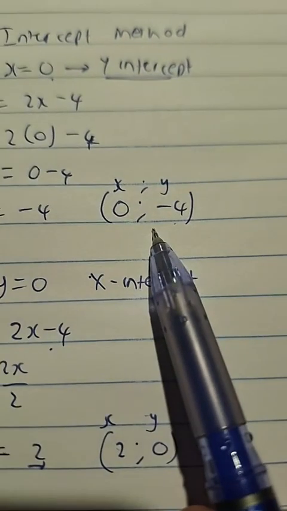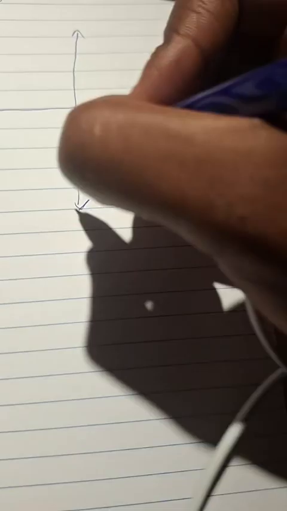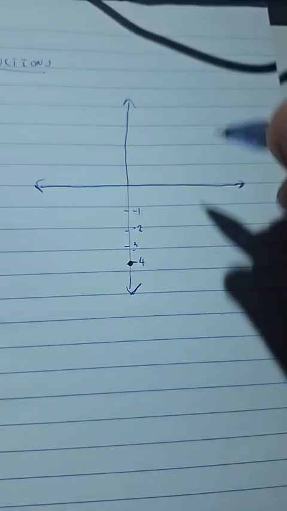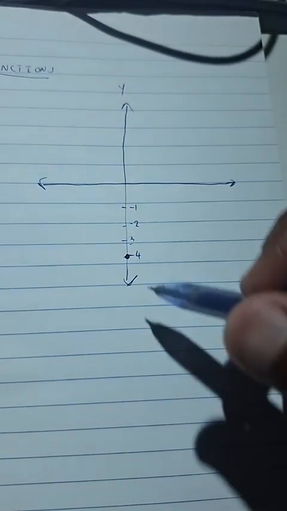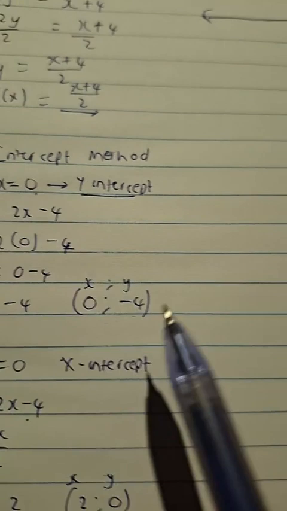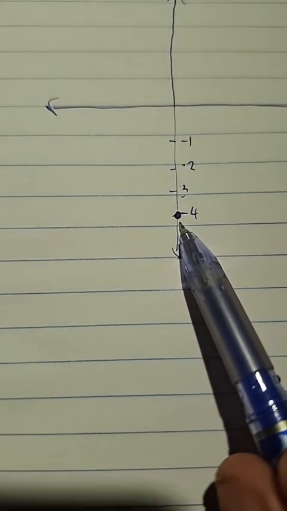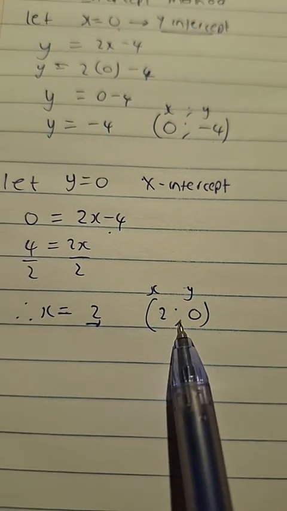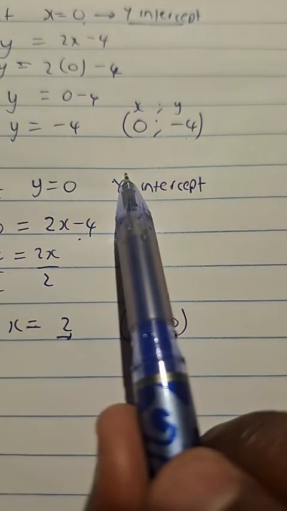At the same time, x is 0 is on the y-axis, because like I said, this is the y-intercept where the graph cuts the y-axis. Remember, this is the y-axis on our Cartesian plane. So 0 and -4 is this point. Then 2 and 0, this is where the graph cuts the x-axis.